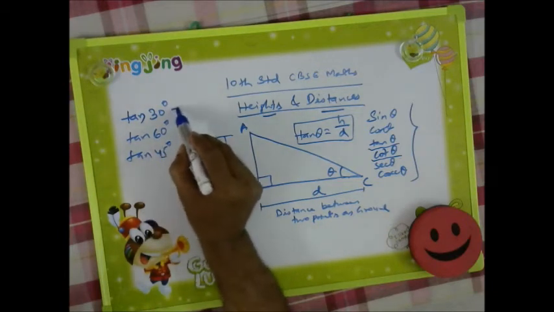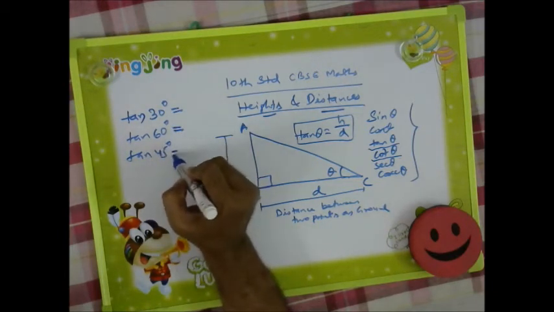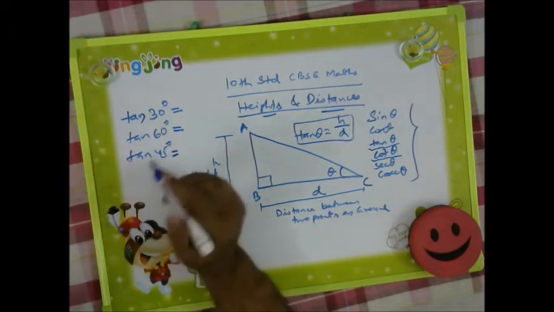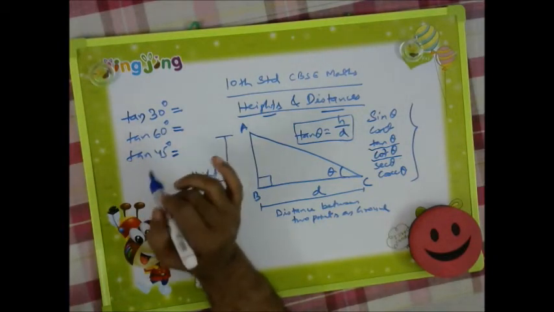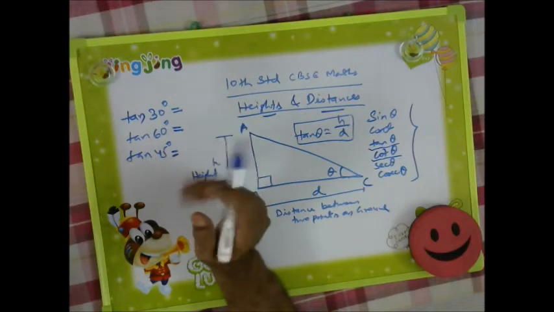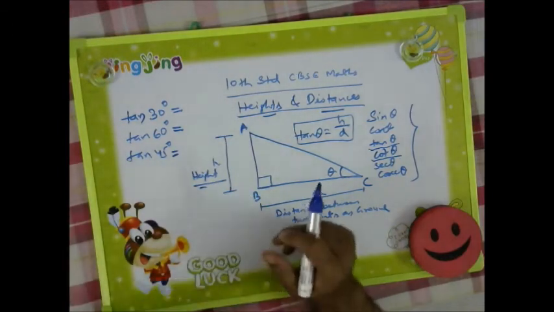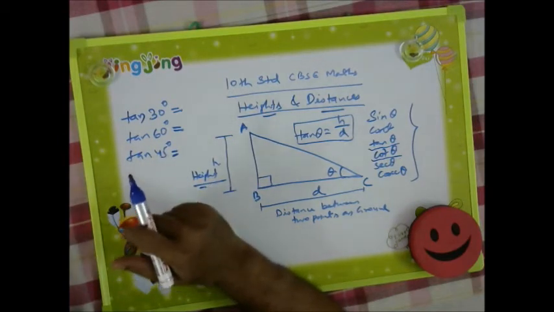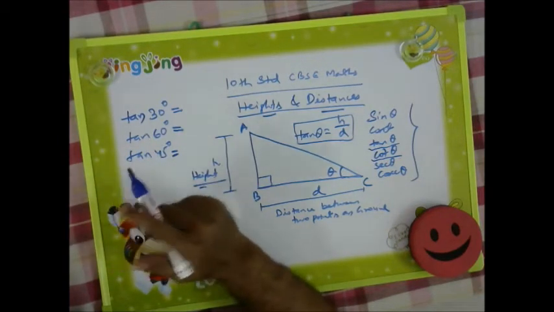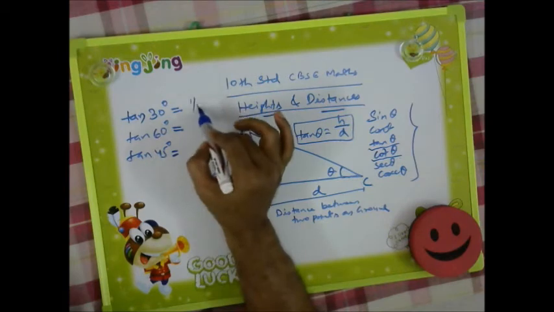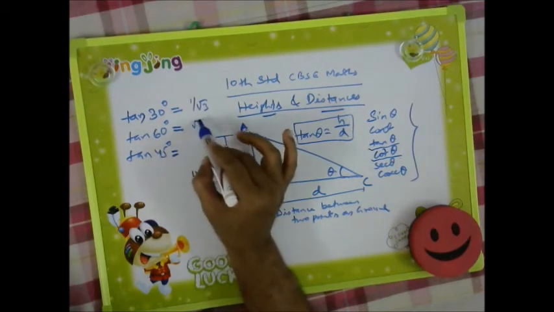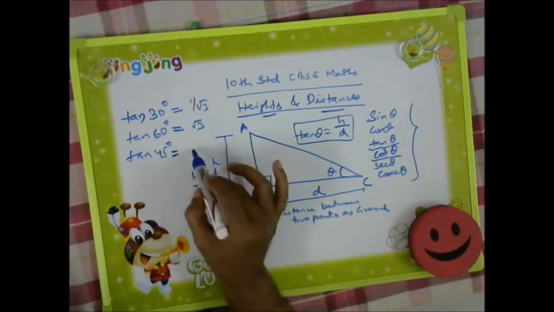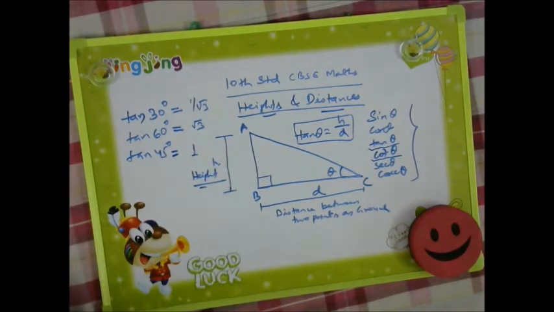Though it is not limited that we will always be using 30, 60, 45, but by experience of the questions which we have solved till now, in most of the questions it will be related to 30 degree. So tan 30 degree is 1 by root 3, tan 60 degree is root 3, tan 45 degree is 1. In most of the questions it will be involved like this. That is the main motto which I am telling you.